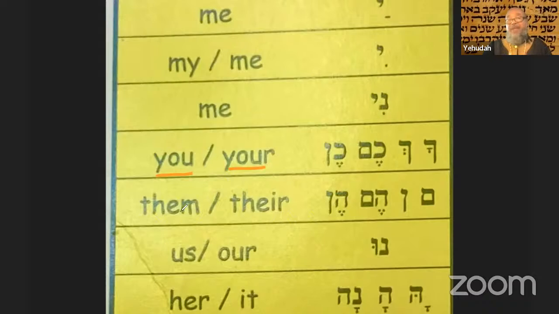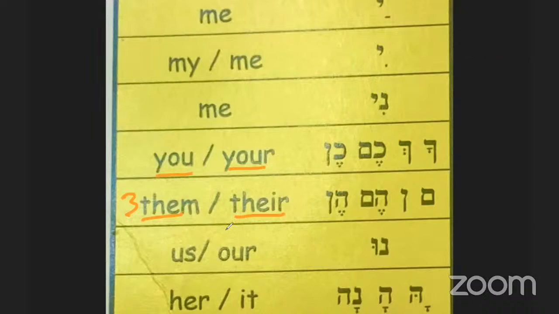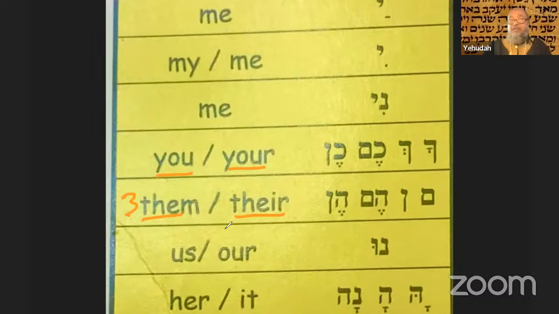When we're talking about them, that is third person. And if you can hear just them and their, you know automatically that when you're talking about them or their, is that singular or plural? Plural. That's plural. Okay. Hem.